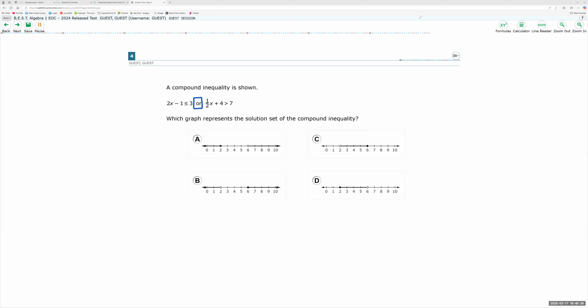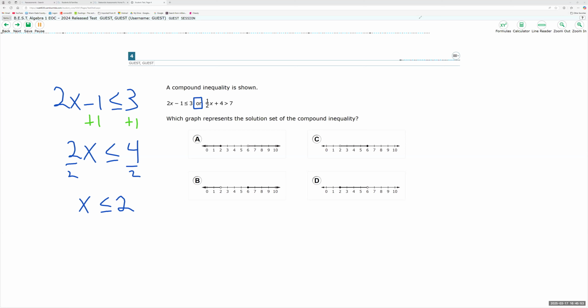Or means there are two, so let's do it one at a time. 2x minus 1 is... so in order to solve for x, I need to add 1. So that means that 2x is less than or equal to 4. Dividing by 2, x is less than or equal to 2.